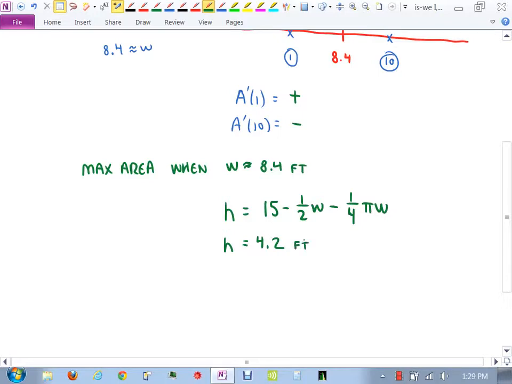Is that all the information I need to know? Can you construct the Norman window off of just this information?